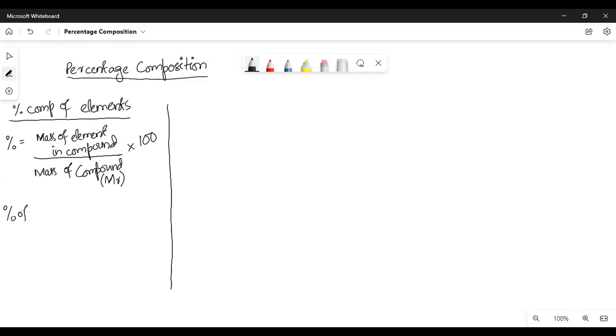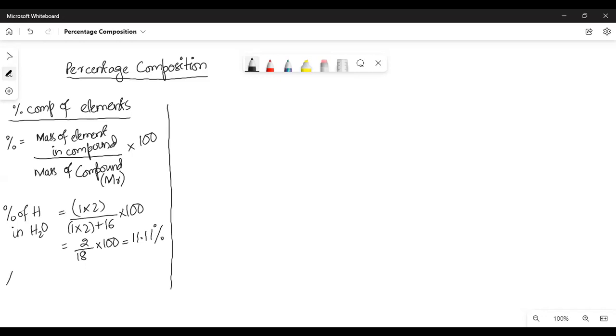Percentage of H in H2O would be 1 multiplied by 2 over 1 multiplied by 2 plus 16, into 100, which is of course going to be 2 over 18 into 100.